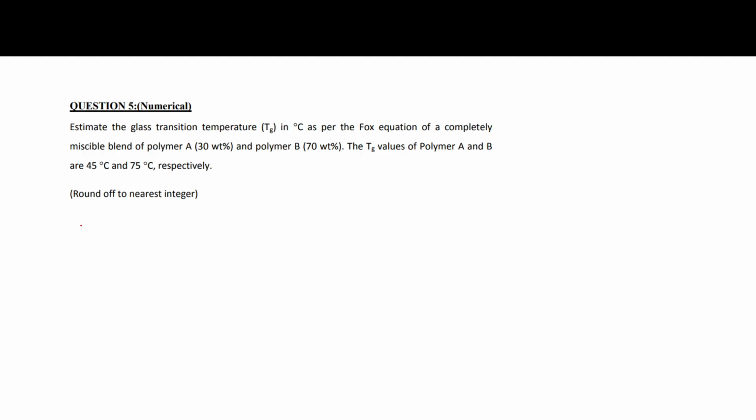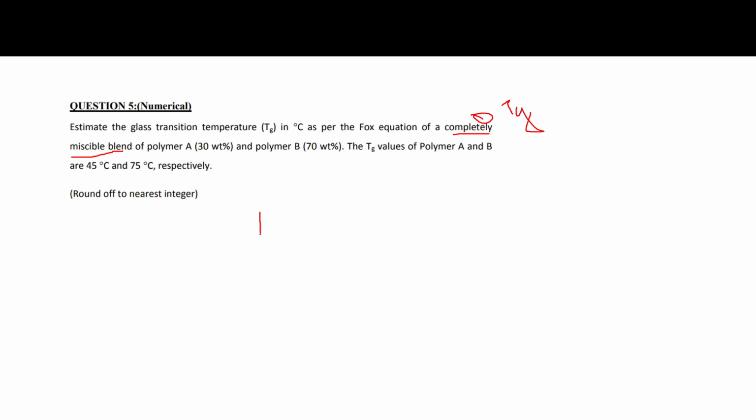Now the next question: you have to calculate the glass transition temperature of a completely miscible blend. Here they have already written that the polymer blend is completely miscible. So for a completely miscible polymer blend, we get only a single Tg, not a double Tg.